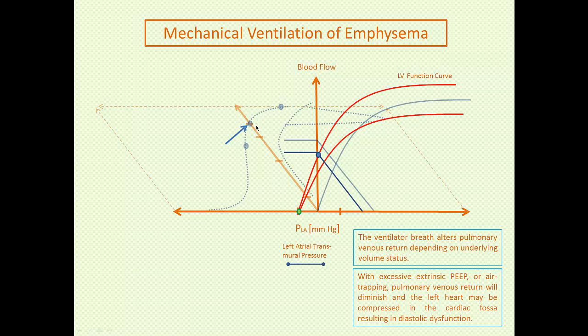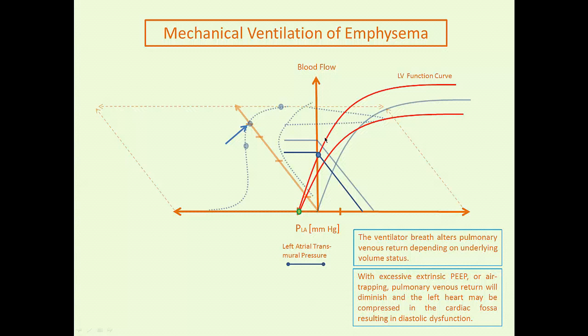If you afterload the RV, you could make an argument multiple ways, but you could say if the RV afterload is increased, you may distend the RV during inspiration, and therefore you would impair LV compliance during inspiration, and therefore that is relieved on expiration. So you may actually improve the LV cardiac function curve on expiration as the RV is unloaded.